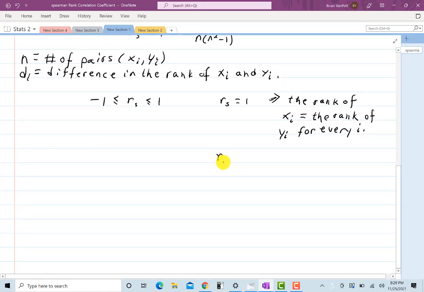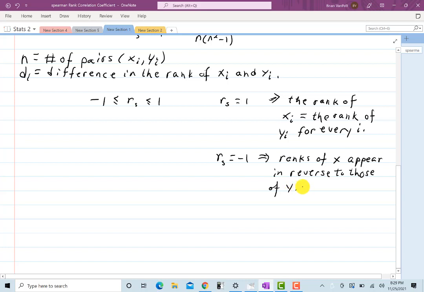Now, if r sub s equals -1, this tells you that the ranks of x appear in reverse to those of y.